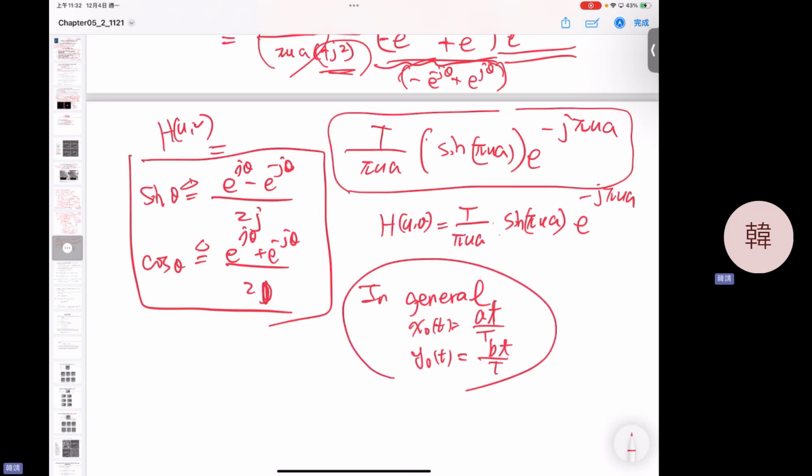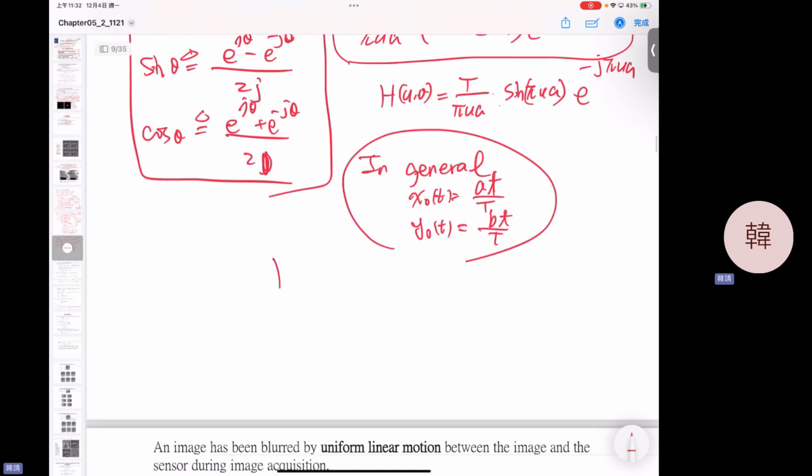So it can be exactly extended to this one, pi(ua plus vb). Because you are going to move in y also in the integration.